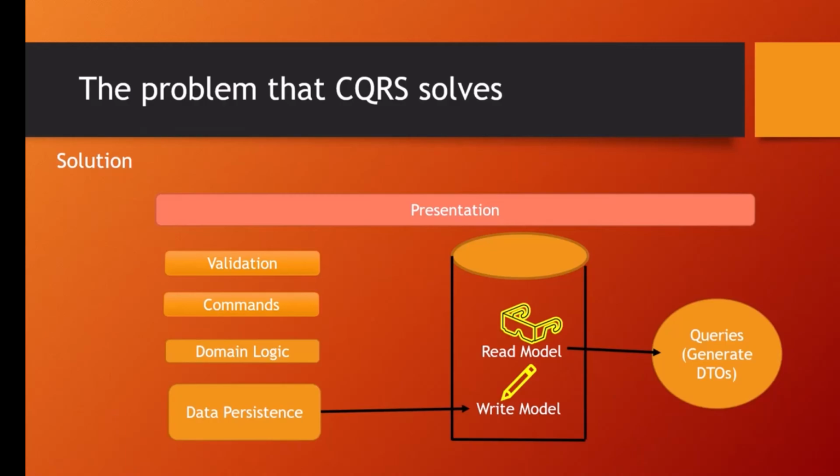So this is through CQRS. Within the data source, there is a read model and there is a write model. They are different models. Now CQRS separates reads and writes into different models, using commands to update data and queries to read data. Commands should be task-based rather than data-centric.